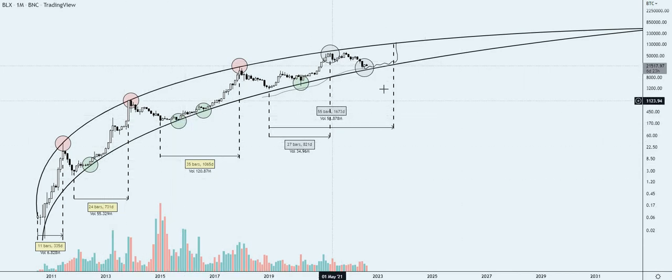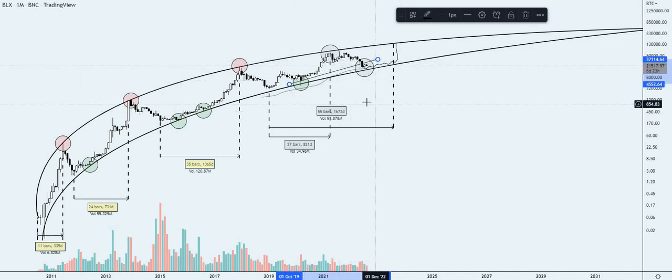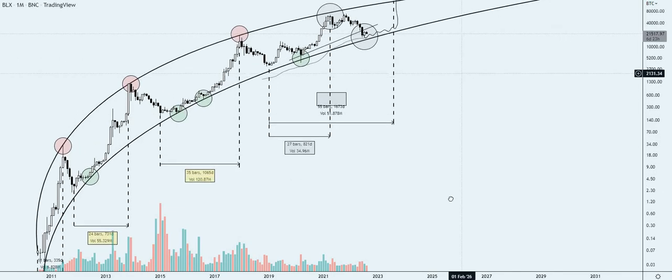There's an indicator in TradingView that I'll show you in a second, where we're below the log curve. It was temporarily below in the March crash.